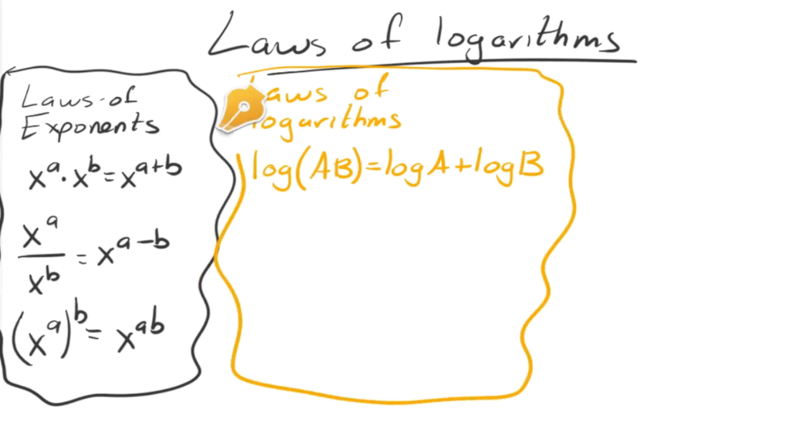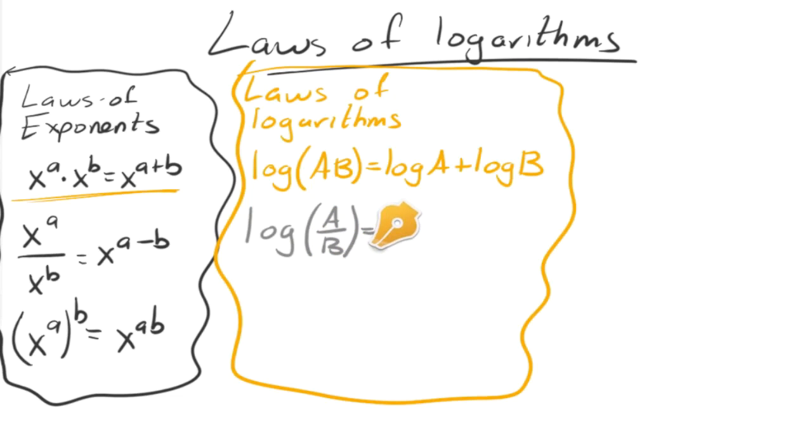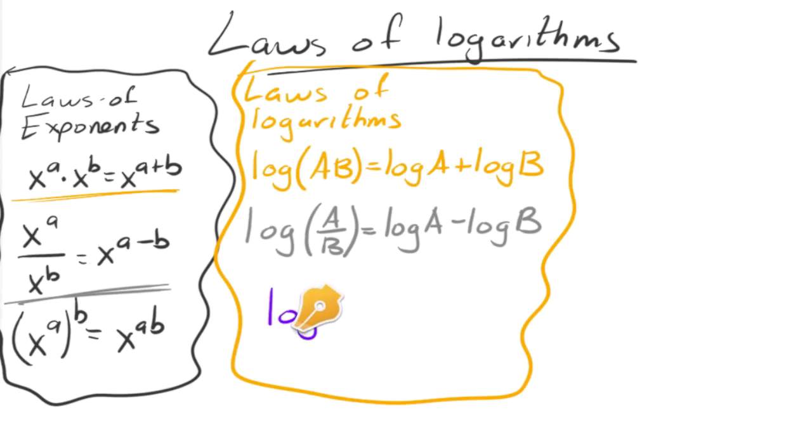So notice that it's very similar to the first law of exponents. Okay, and then you have the log of a over b. This is going to break up into subtraction, just like this second law of exponents breaks up into subtraction as well. And then we have log of a raised to the c is the same as c log of a.